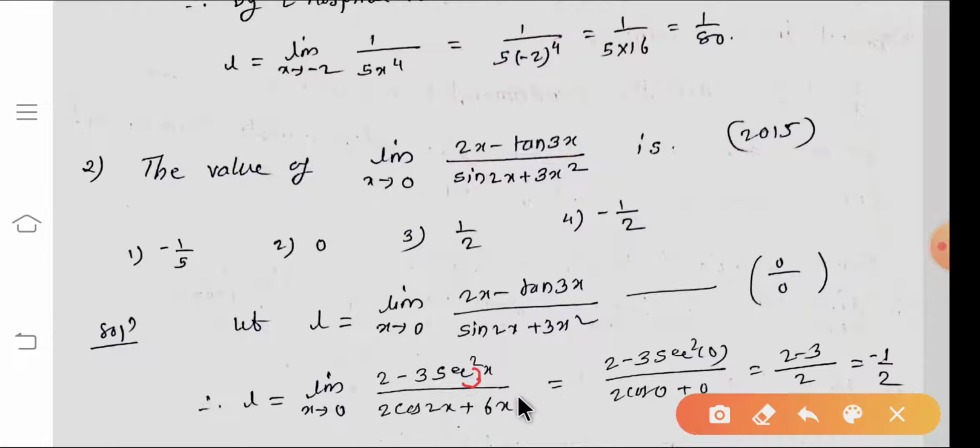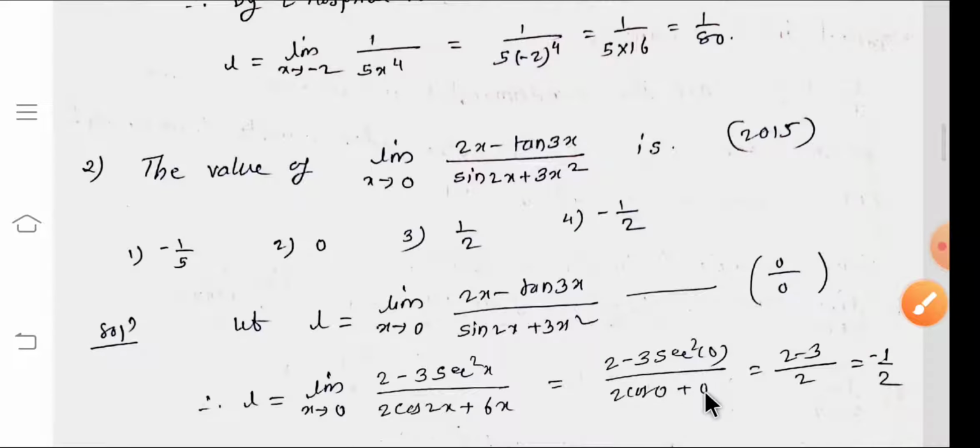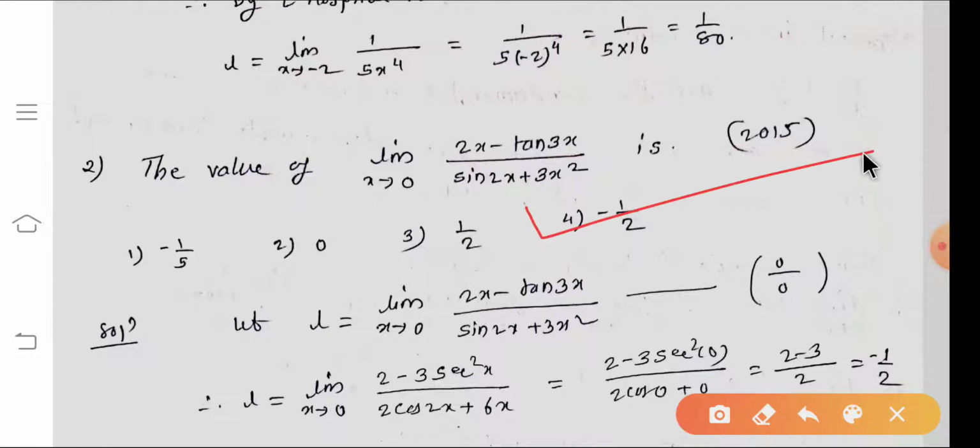Now put x equal to 0: 2 minus 3 into sec square of 3 into 0, upon 2 into cos 0 plus 0. Sec square 0 is 1, and cos 0 is also 1. So 2 minus 3 upon 2 is equal to minus 1 by 2. So the fourth option is the right option.